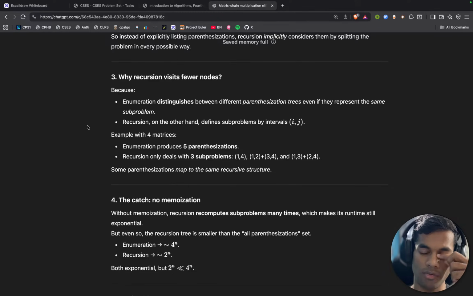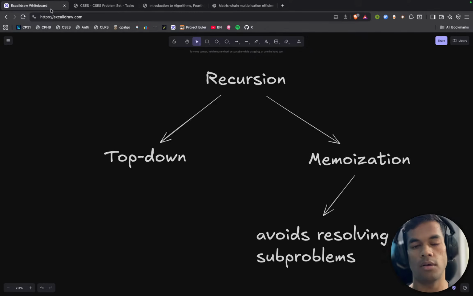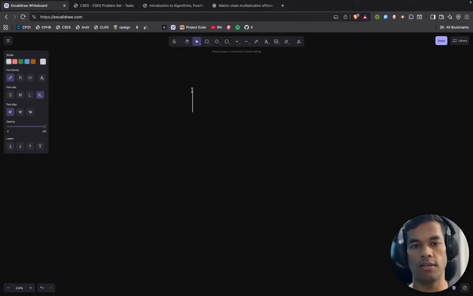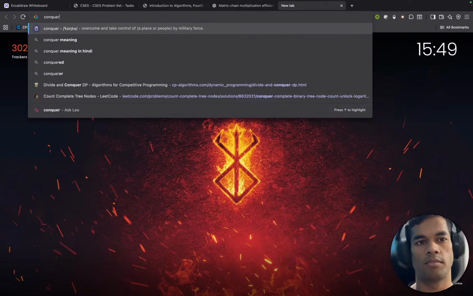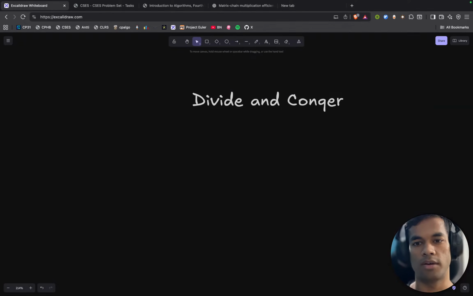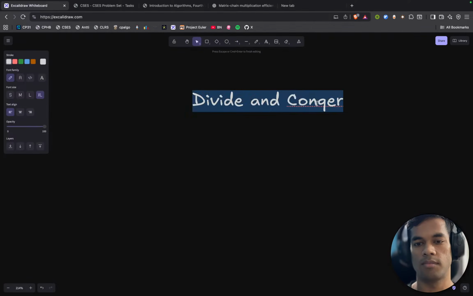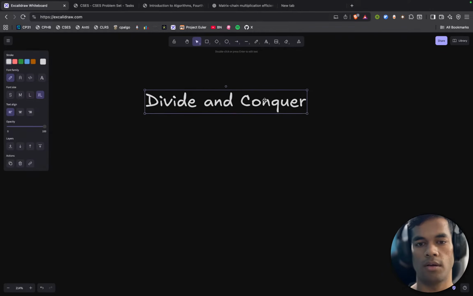Recursion, on the other hand, defines the subproblem by interval ij. So what is at play here is divide and conquer.